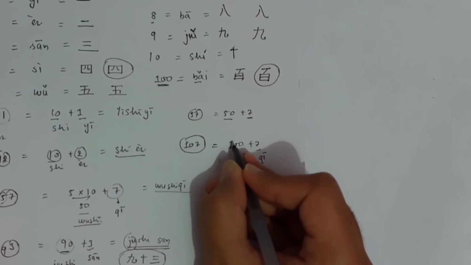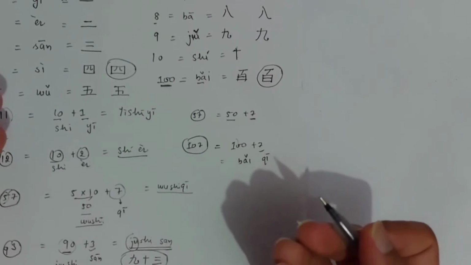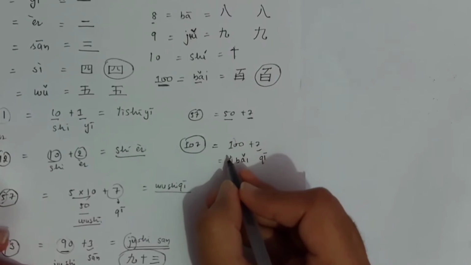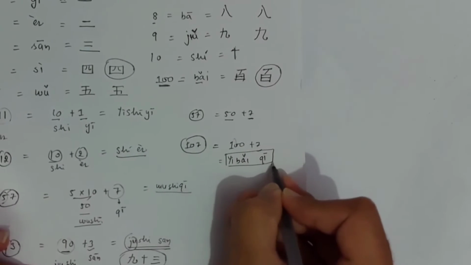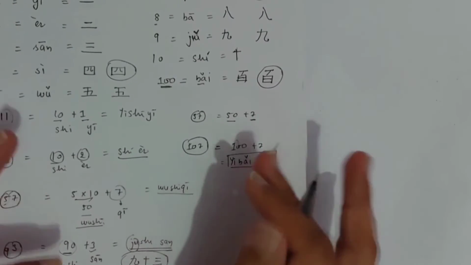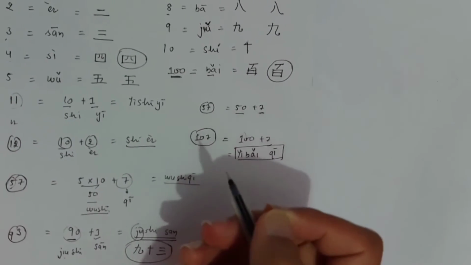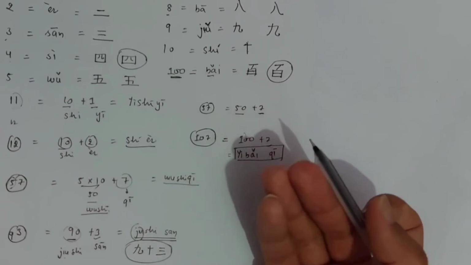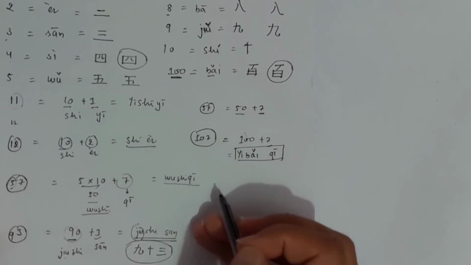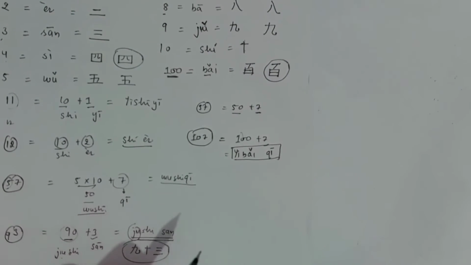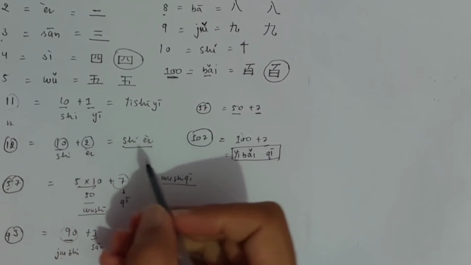But here remember, 100 is said as yi bai, and we can say yi bai qi. Yi bai qi is 107. Like this we can count any number above 100 or above 10 by splitting the numbers and saying the split parts in Chinese.